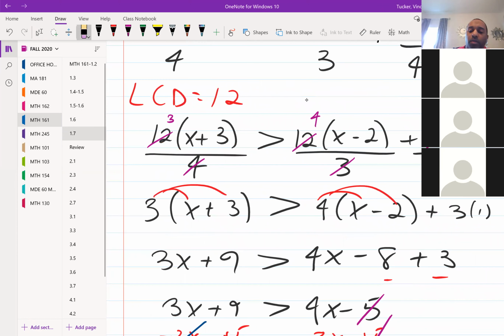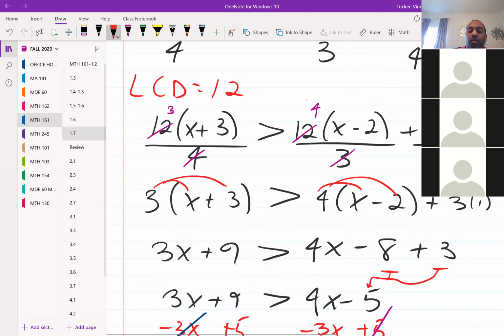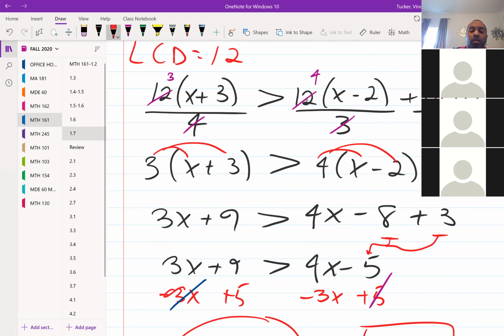We have a negative 8 and a positive 3 back here, so that'll give me a negative 5. So we have 3x plus 9 is greater than 4x minus 5.